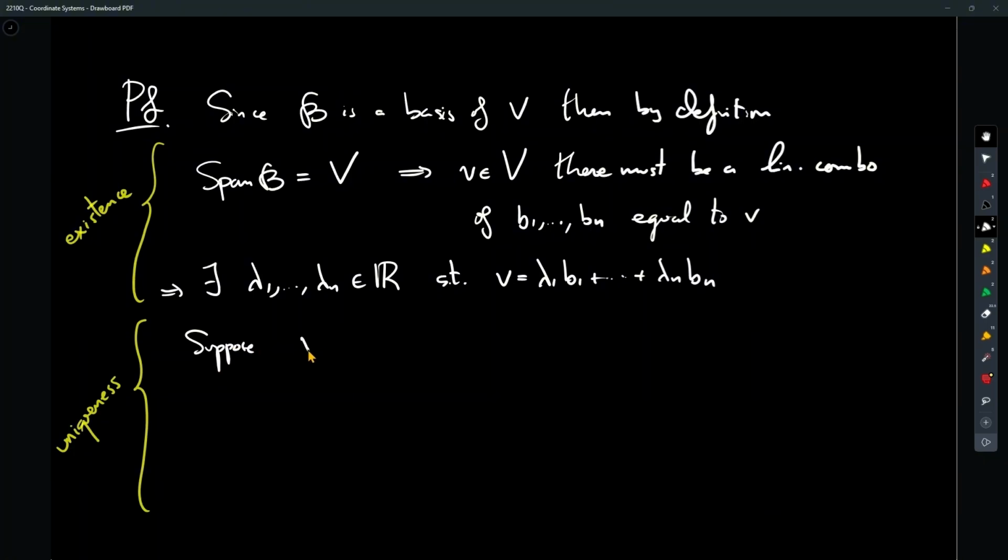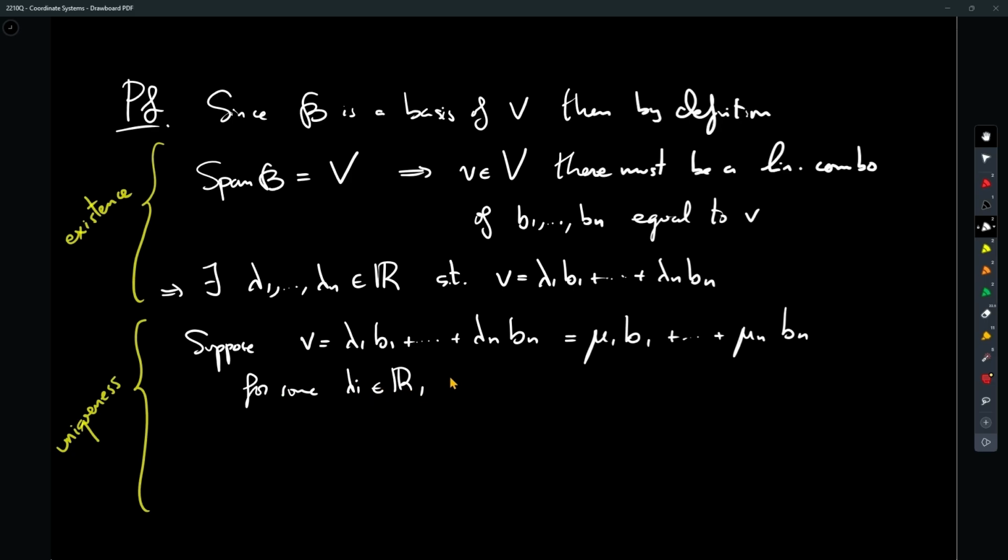So suppose that v is lambda 1 B1 plus ... plus lambda n Bn, and suppose I have a second expression, mu 1 B1 plus ... plus mu n Bn, for some scalars lambda i in the real numbers and mu i in the real numbers. So I have two different expressions.